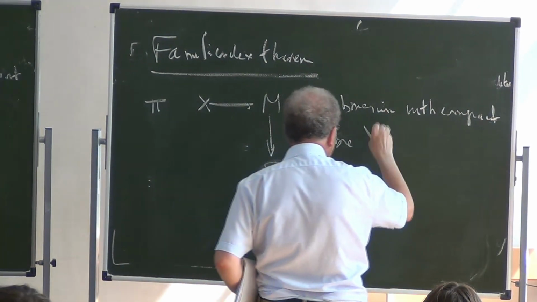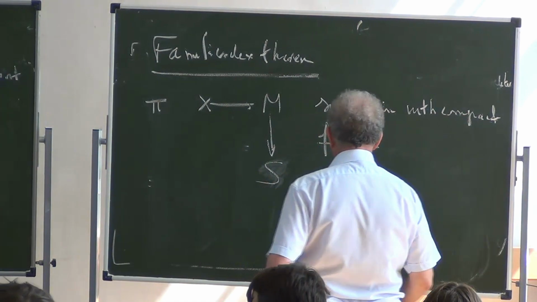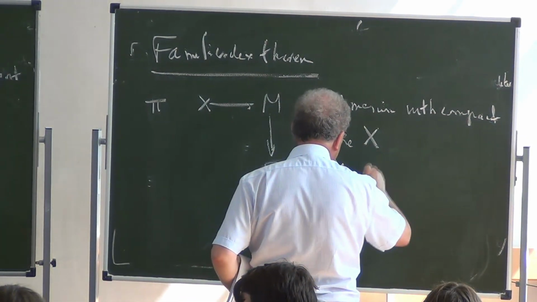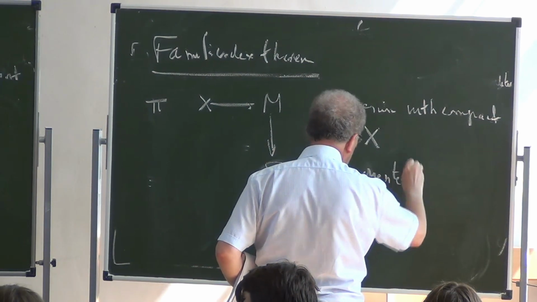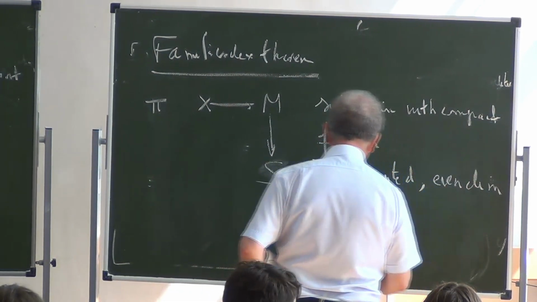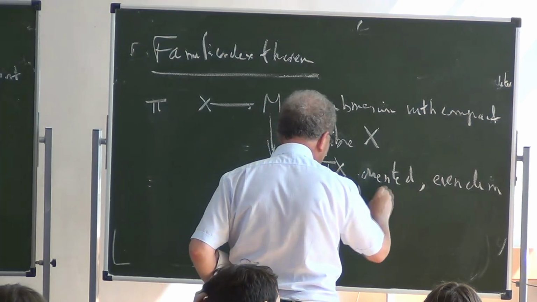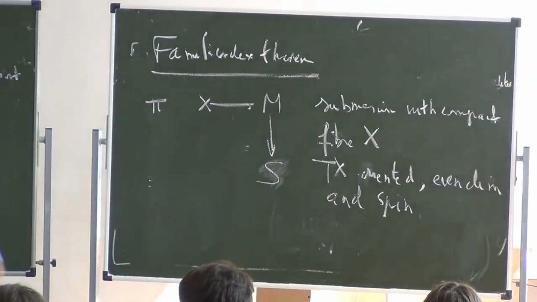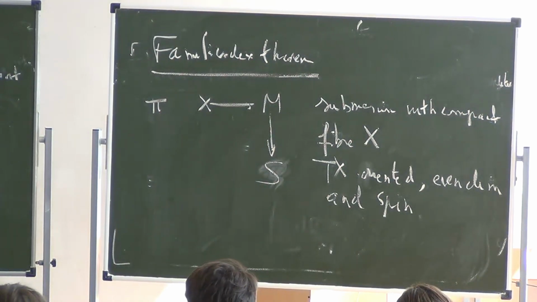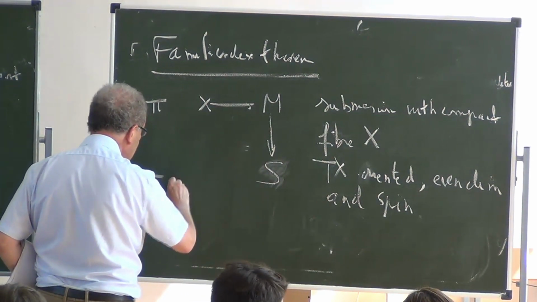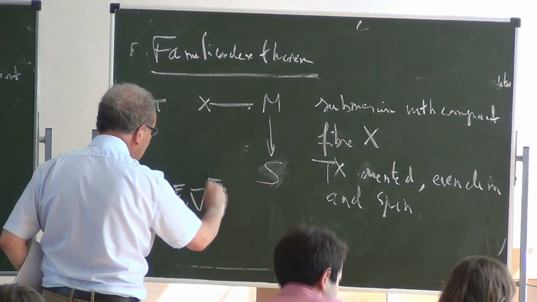It's a compact fiber TX, and we assume that TX to be oriented, even dimensional, and spin. So we also give ourselves again a vector bundle E, g^E, ∇^E on M.